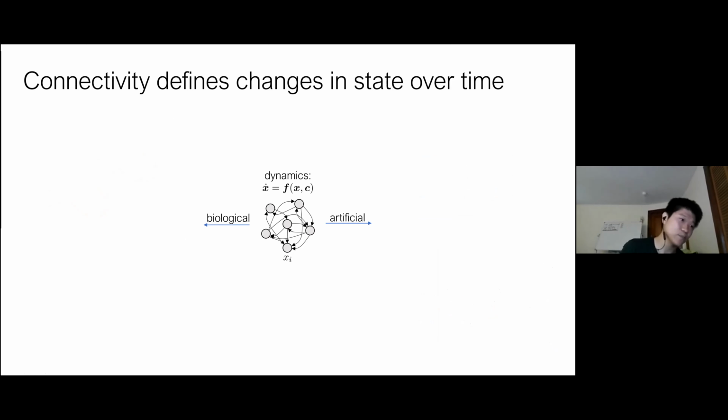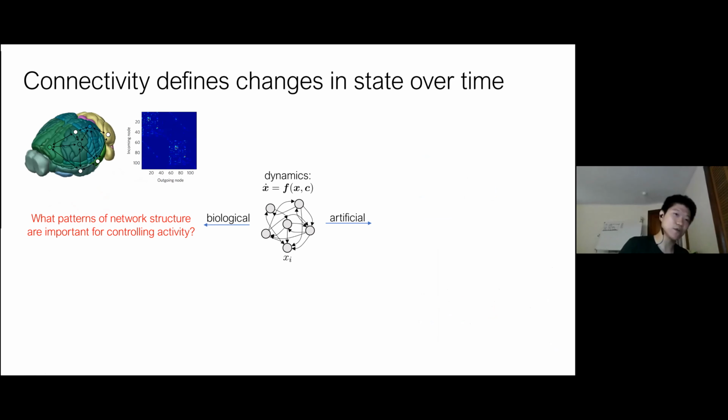In both of these examples, in biological or artificial systems, it's the connectivity that largely defines these changes in state over time. What I'm typically interested in is understanding exactly what the role is between the connectivity and the types of changes in state that we want. So in biological systems, an important question is what patterns of network structure are important for controlling activity.